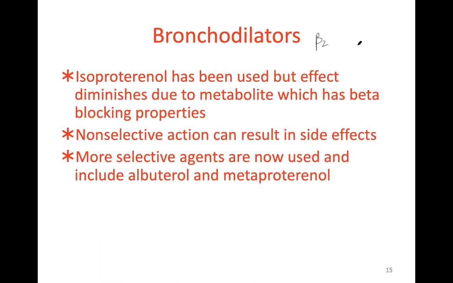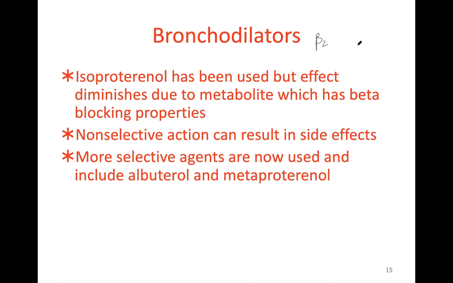The other thing about isoproterenol is that it's broken down into a metabolite that's actually a beta blocker. So when you start using it, two things happen with chronic use. One, you build up this metabolite, which diminishes its effect. And secondly, think about downregulation of receptors: when you keep stimulating the receptor, they downregulate.